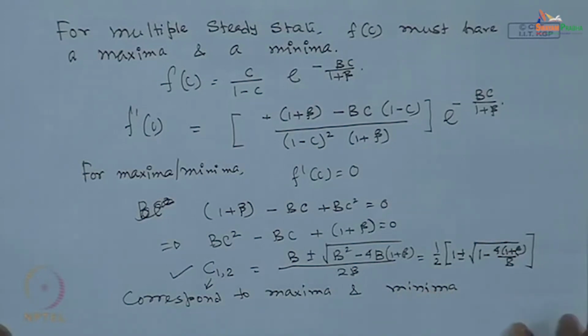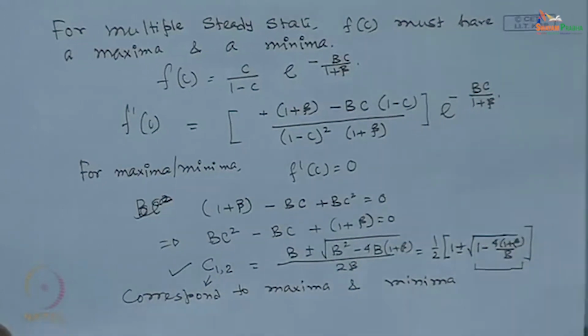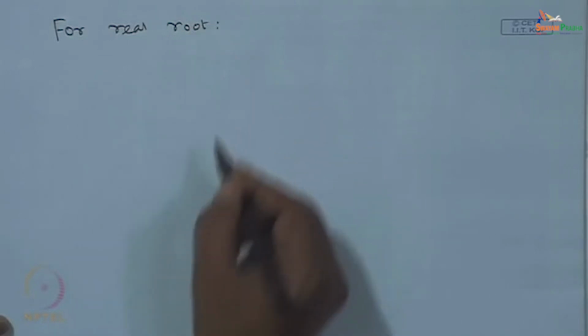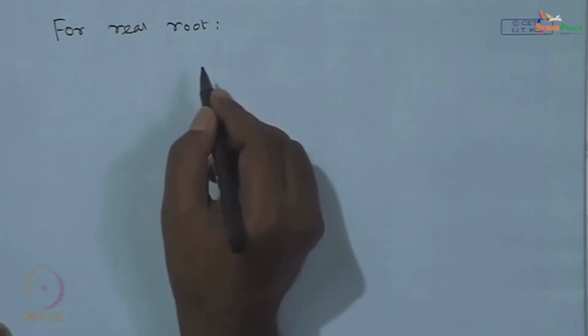Now, in order to have a real solution, we can put a condition on this part: the quantity within the under root sign must be greater than 0.